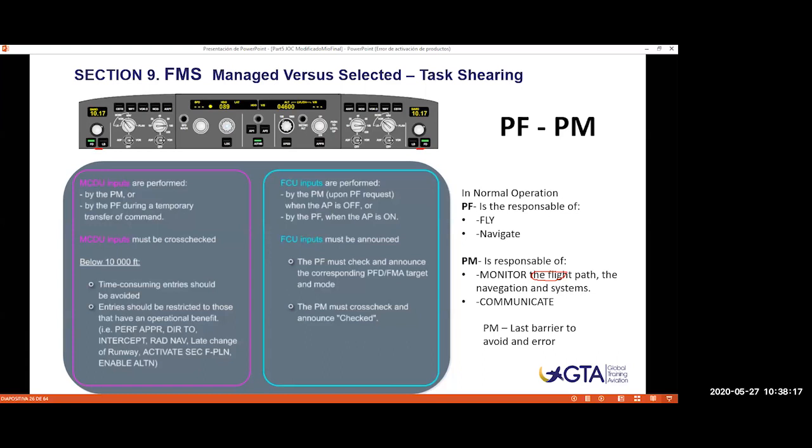The pilot flying is responsible for flying and navigating. What is the pilot monitoring? He is monitoring, effective monitoring, not only looking, effective monitoring of the flight, and also communicating. Remember that the pilot monitoring could be the last barrier before any error. There are rules for how the pilot flying and pilot monitoring do it.